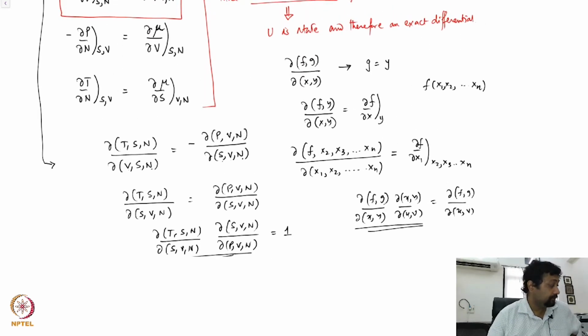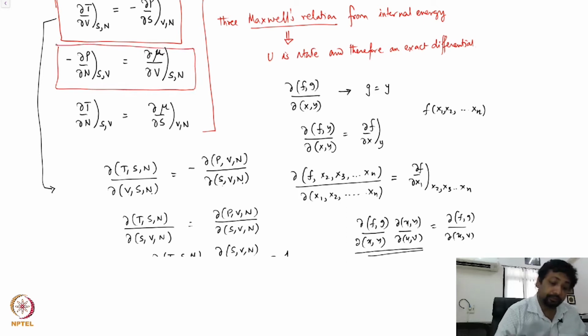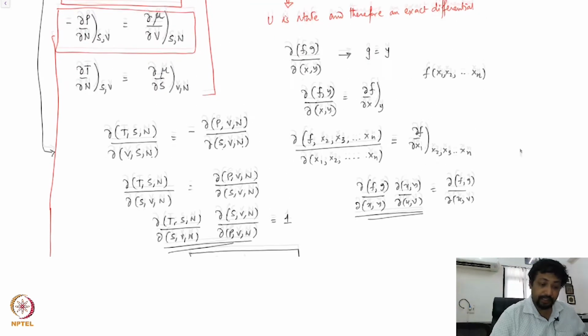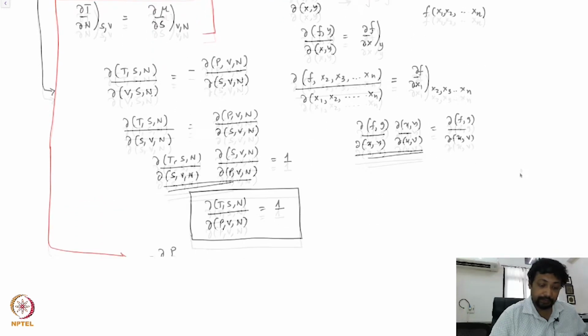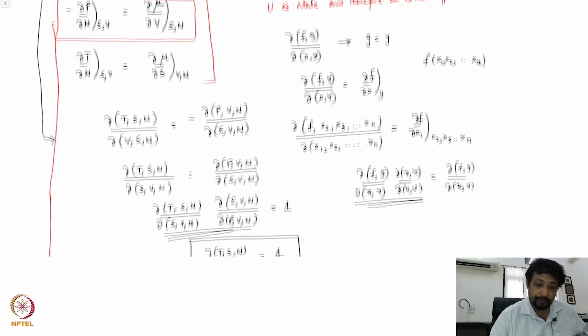What about the second one? The second Maxwell's relation is minus del P del N at S comma V is equal to del mu del V at S comma N. Right?